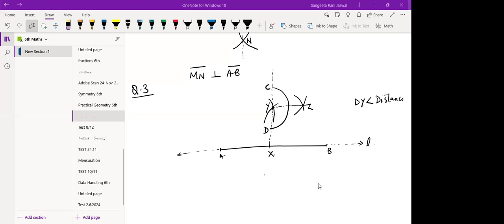With the same measurement, keeping the pointer at C, we marked another arc. This point of intersection is named Z. Then we join YZ, and this is the second perpendicular. First you made one perpendicular on AB, then another perpendicular on XY. So this is what was asked in the question.